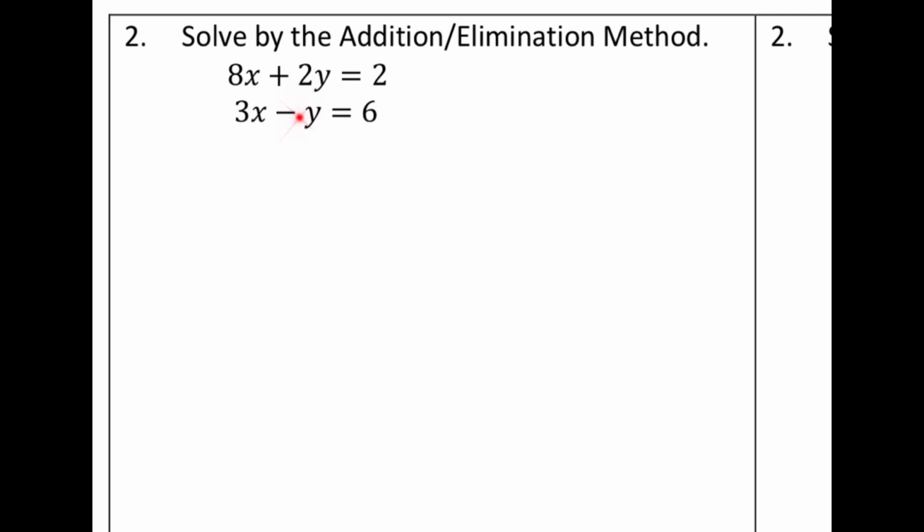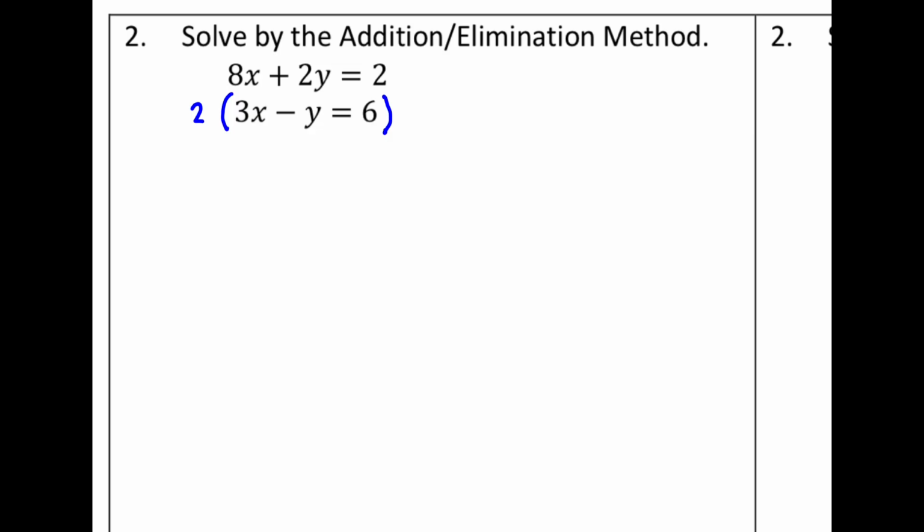I can multiply 1 by anything and get the opposite of whatever this is. Okay, so I'm going to times the second row, the entire row, by 2. Okay, so basically I'm doing this with the 2. Okay, I'm not going to leave them there because that's a total mess, but that's what I'm doing.